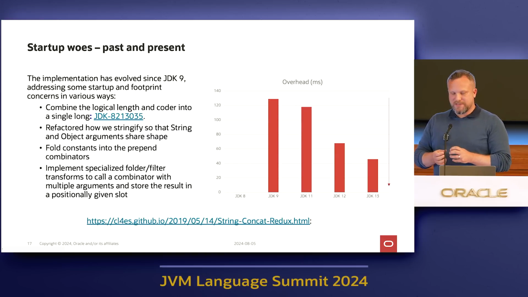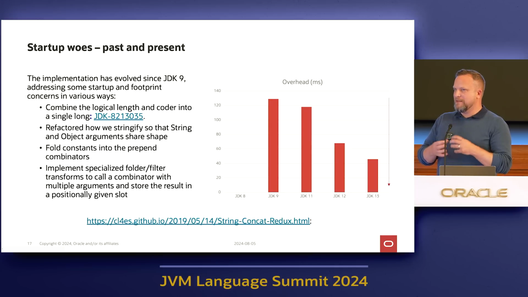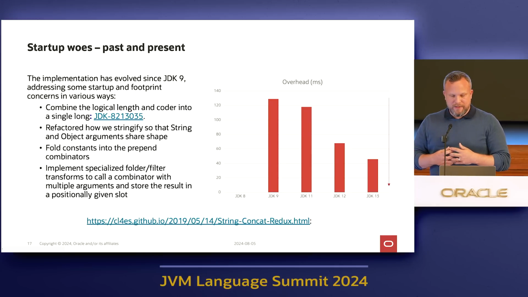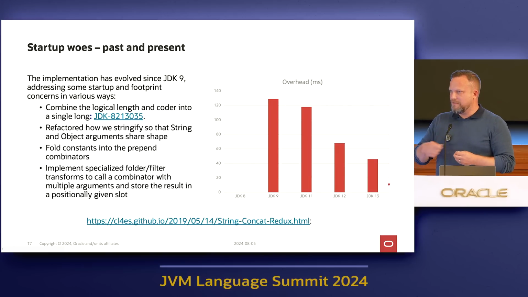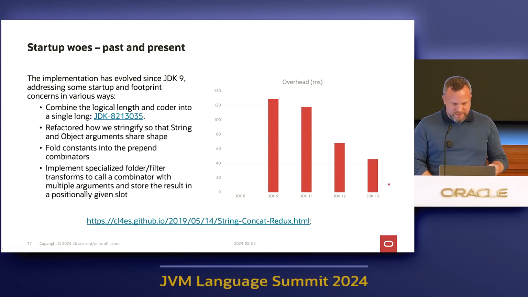That's great, because with fewer transforms, we generate fewer classes. But the logic of the code becomes a little bit murkier. But it definitely had an integer factor improvement in reducing the number of classes generated.